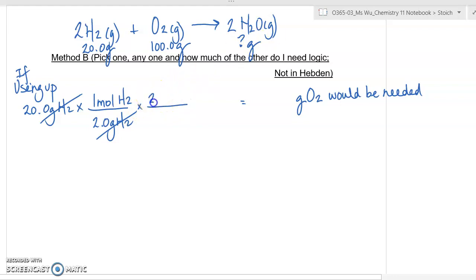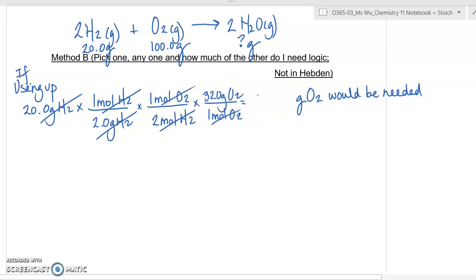According to our balanced equation, there is a mole of oxygen being used every time we use up 2 moles of our hydrogen. That crosses out. And then finally, our molar mass of oxygen. A mole of oxygen weighs 32 grams.